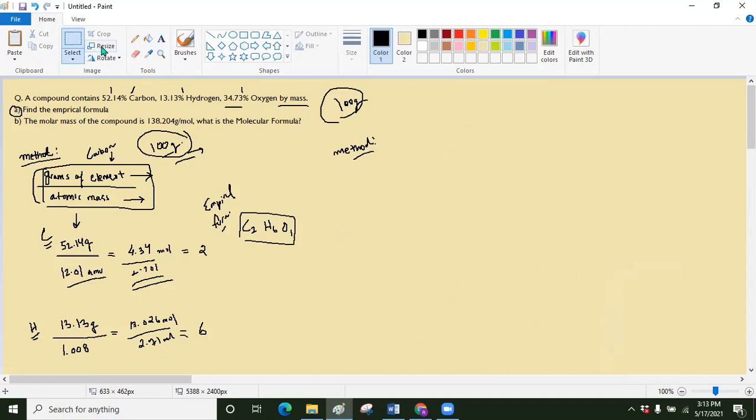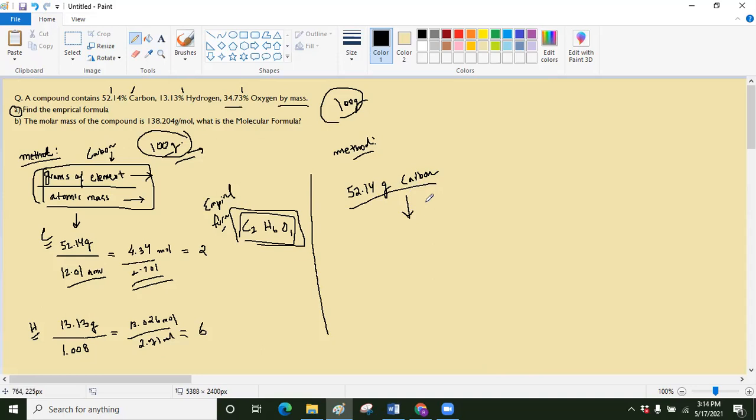It's just saving you the trouble of having to go through that whole process, and it's getting you to the same answer. But if you wanted to be more explicit about it, you could say, I have 52.14 grams of carbon.